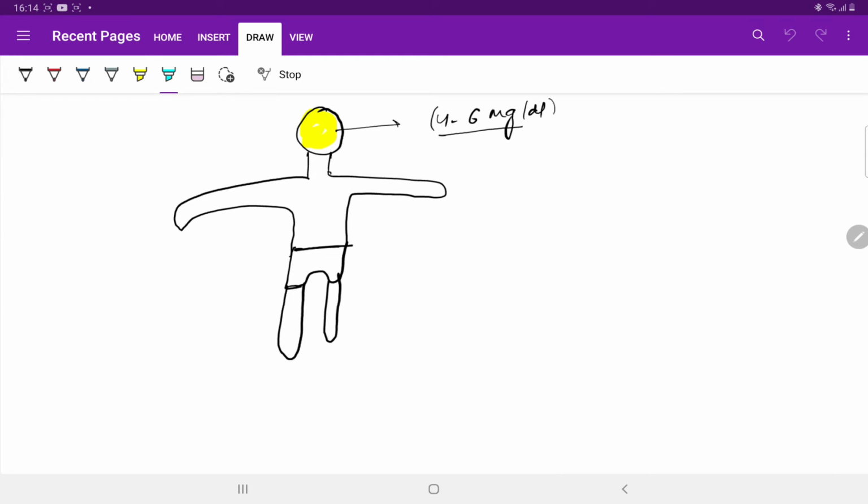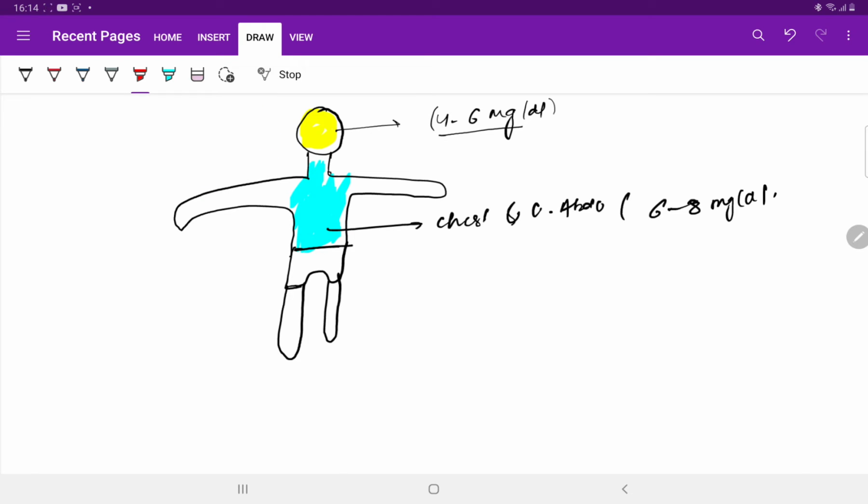Then comes the chest and upper abdomen, so I'll write it down: chest and upper abdomen. It will be 6 to 8 milligram per deciliter.